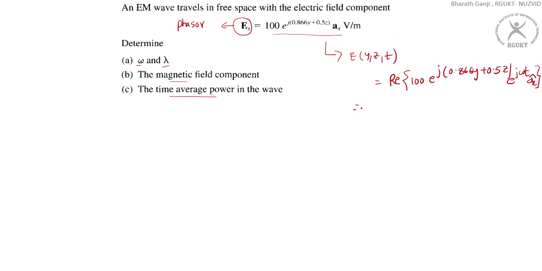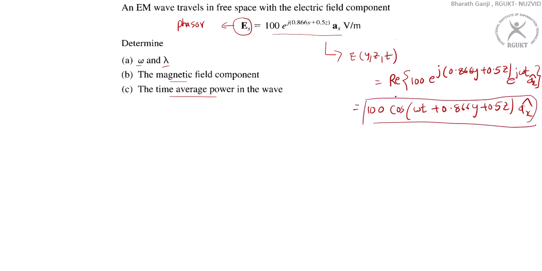If you do this, you will end up with 100 cos(omega t plus 0.866 y plus 0.5 z) in the a_x direction. This is your time domain equation, and this is actually written in phasor format like this.